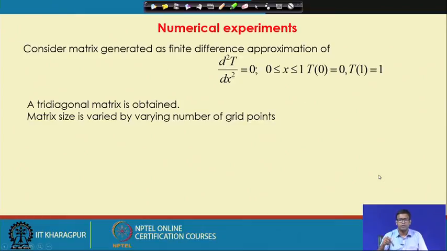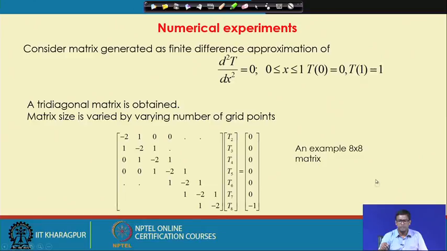The matrix size is varied by varying the number of grid points and intervals, and we got different matrices, but they essentially look like a tridiagonal matrix. This is an example of an 8 by 8 matrix. However, here we consider 10 by 10, 20 by 20, and 40 by 40 matrices, and with these matrices we ran a Gauss-Seidel or Jacobi program.